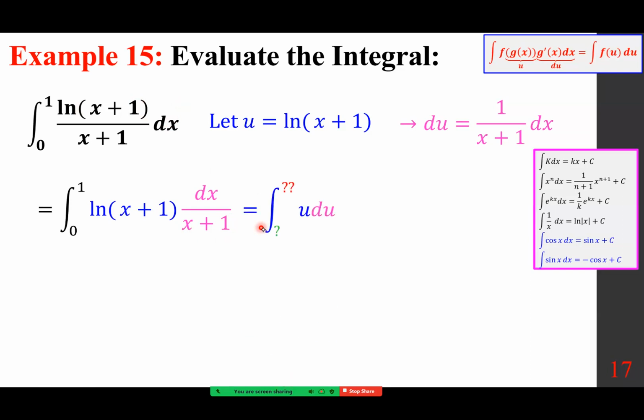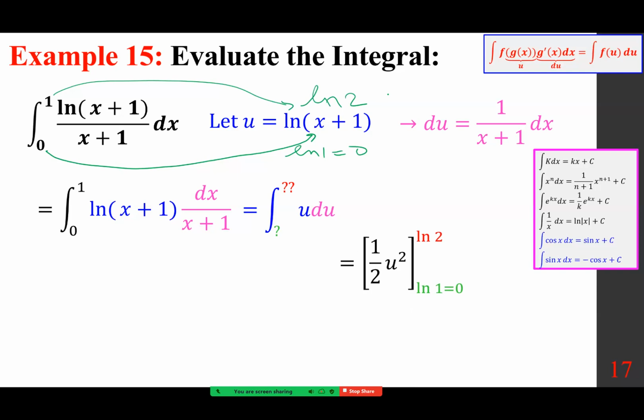and for now, I'm not going to write the new limits. You can always finish the job, go back to original limits, or if you want to find the new limits, what do you do? If I plug in 0 here, I get ln 1, which happened to be 0. If I put 1, I get ln 2.